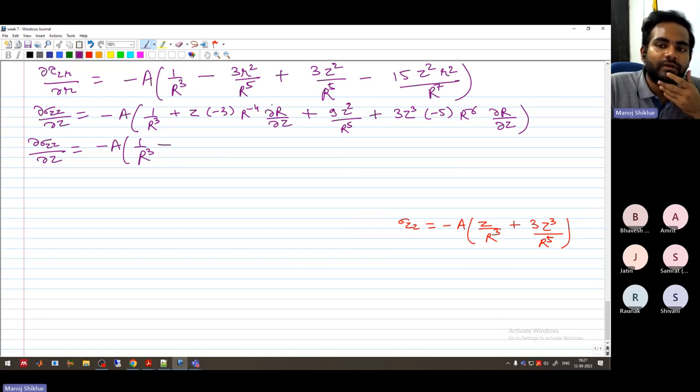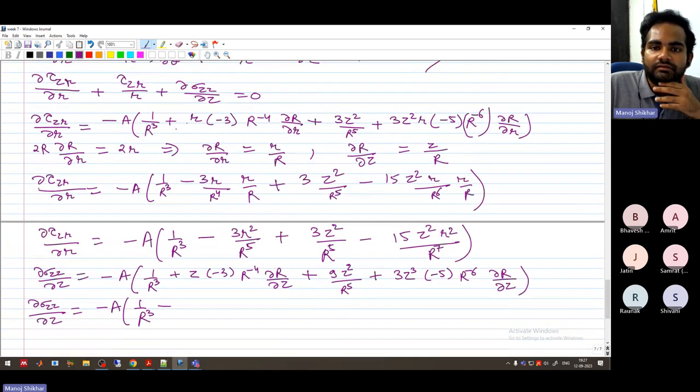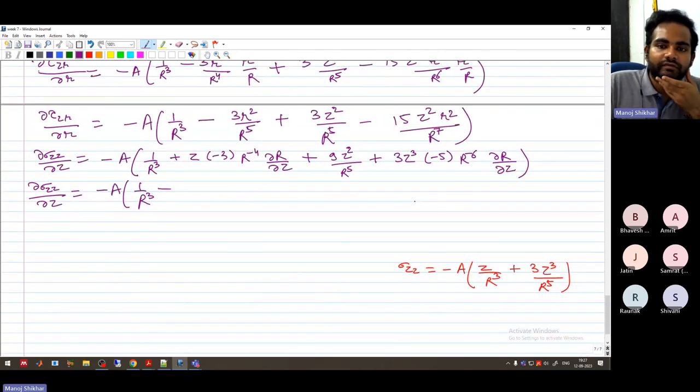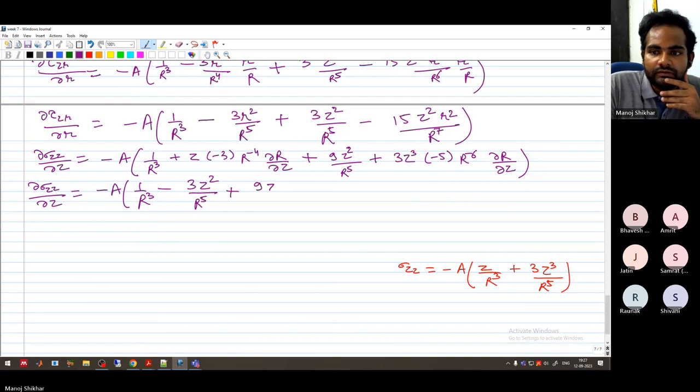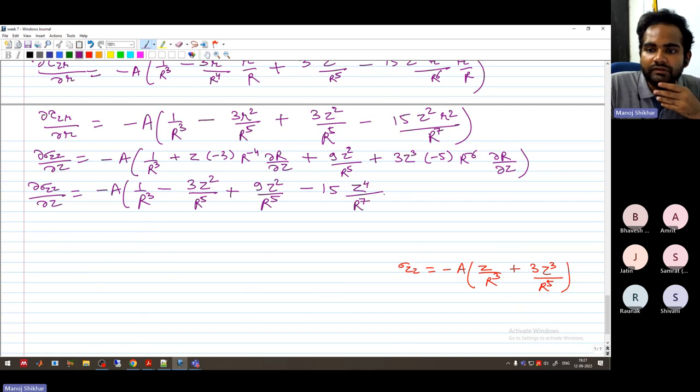If we replace del R by del Z by Z by R, which we have already calculated, we will get 3Z square upon R to the power 5 plus, these two will cancel, so actually we will get 6Z square minus 15Z to the power 4 upon R to the power 7. So this is what we will get. Let's simplify it slightly.